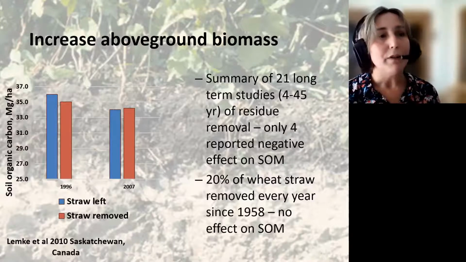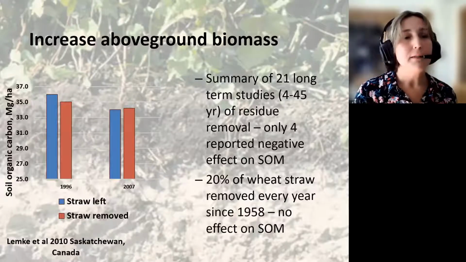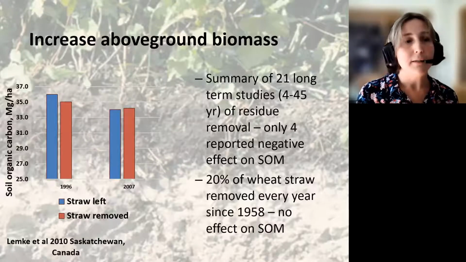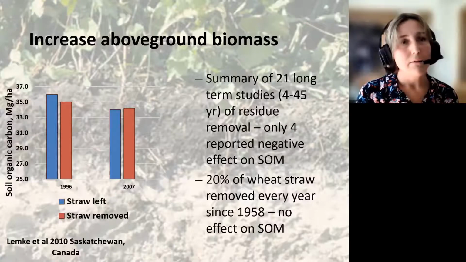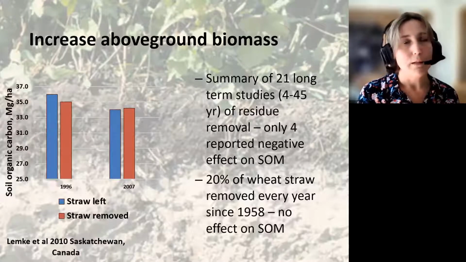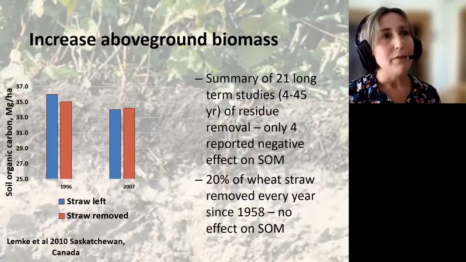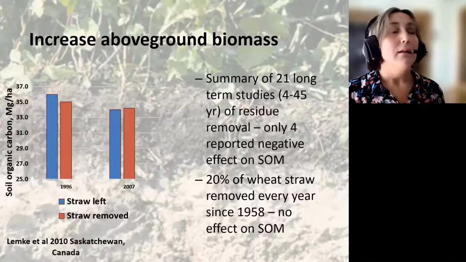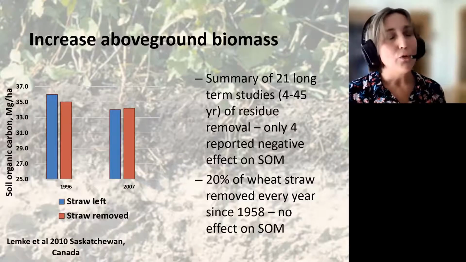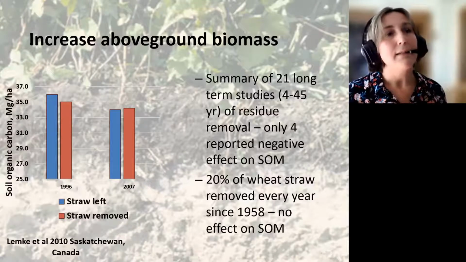There they were removing a portion of straw from the soil surface for some good 50 years. And that didn't have a negative effect on soil organic matter. So what we leave on the soil surface as residues, even though in theory it should have a positive effect, in practice it's not that sizable.